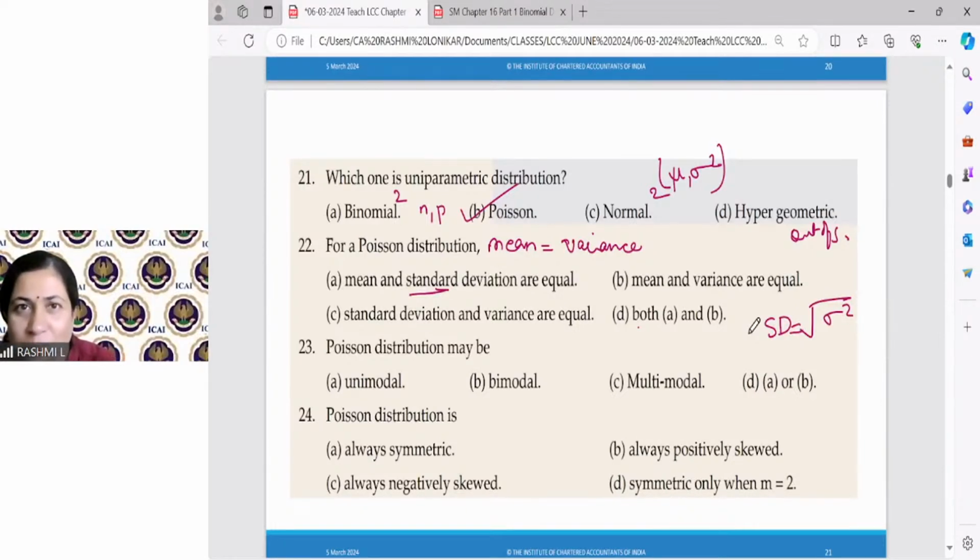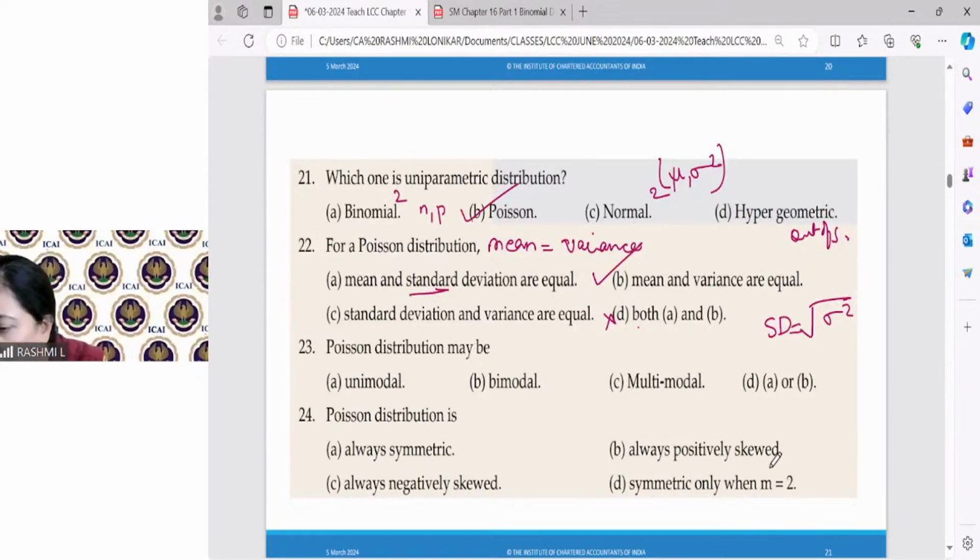Only then will these two be equal. But other than that, this is not possible. This is not correct. So B is the correct answer. Yes, option B. Anushka is on a roll. Yes. Anuj, yes. Correct. Kritika is correct. Yes, very good.